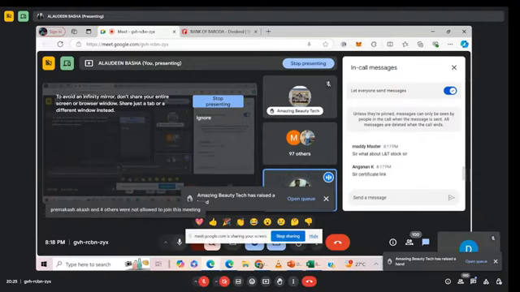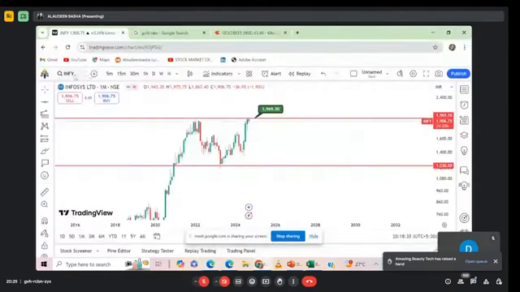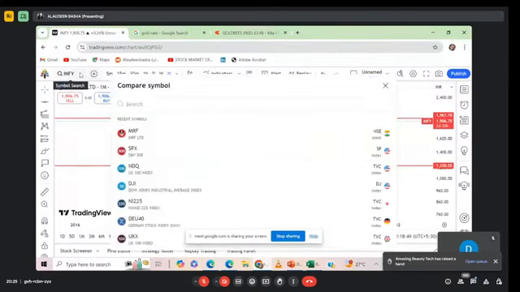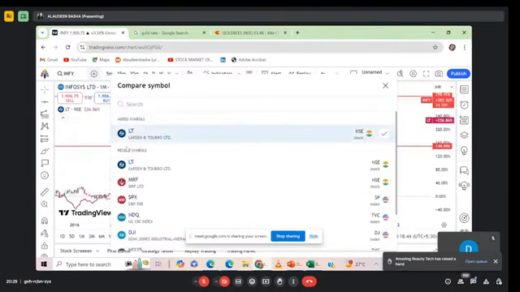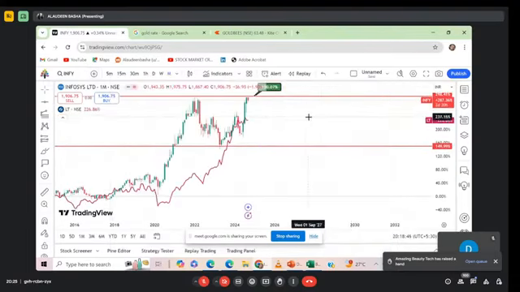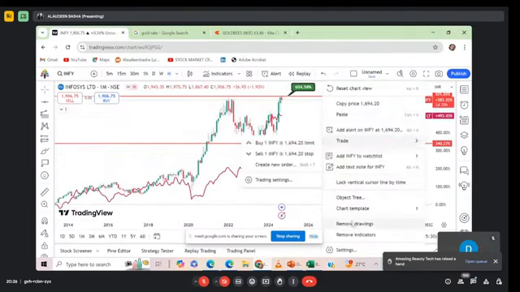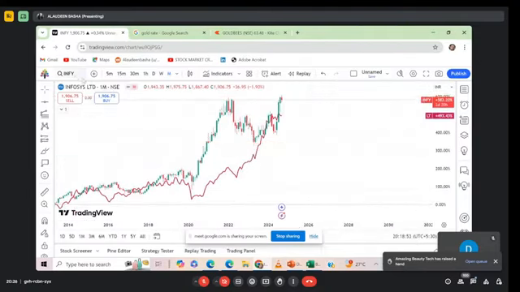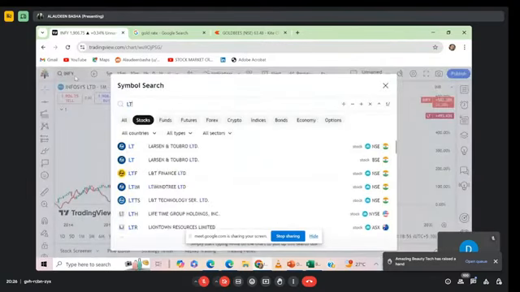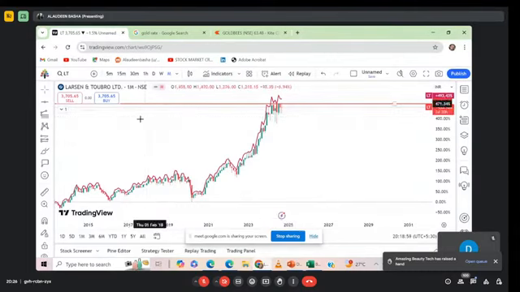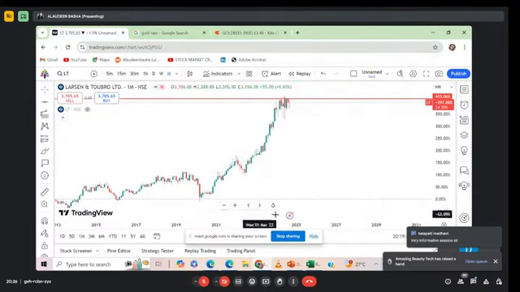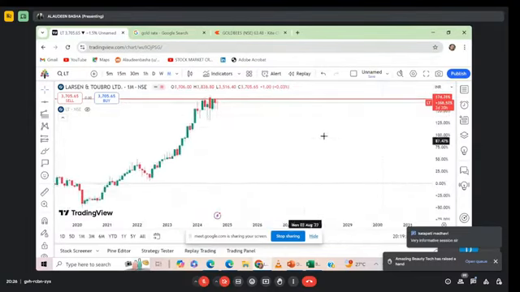What about L&T? L&T is a good stock for long term. L&T is at an all-time high, sir. So you just wait for the breakout.